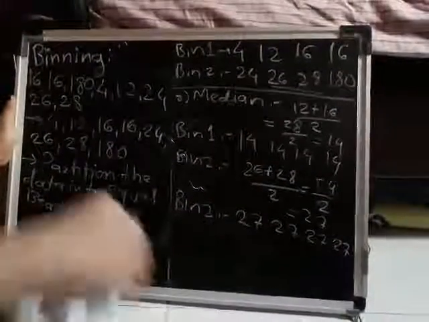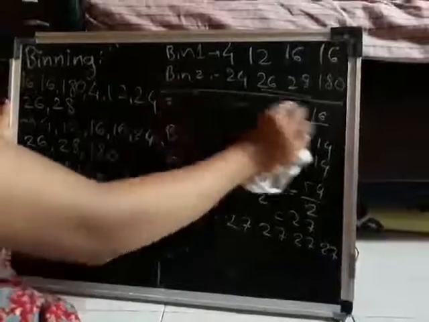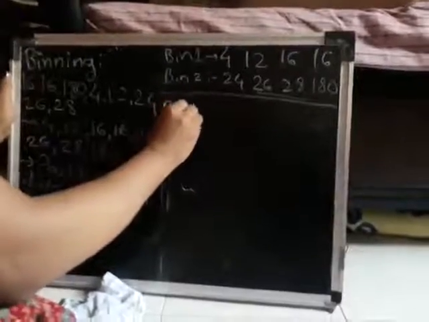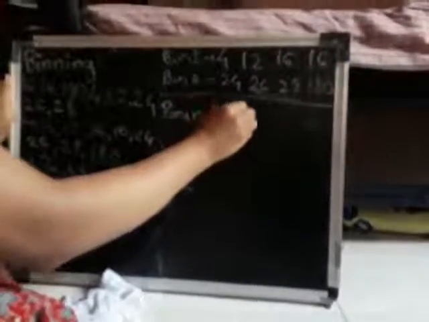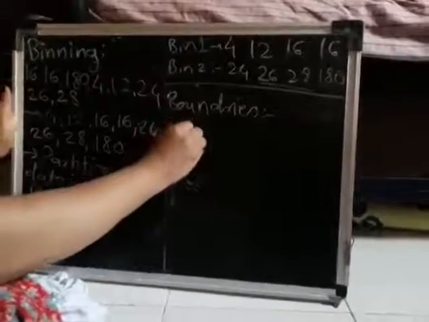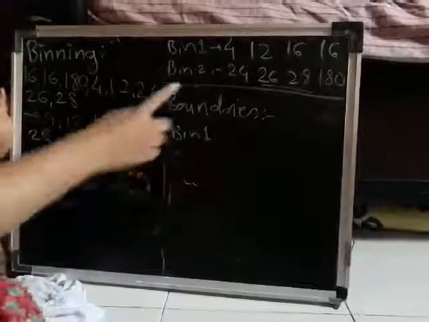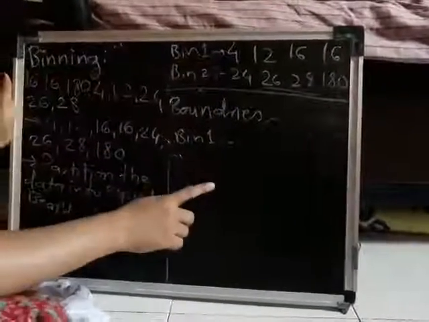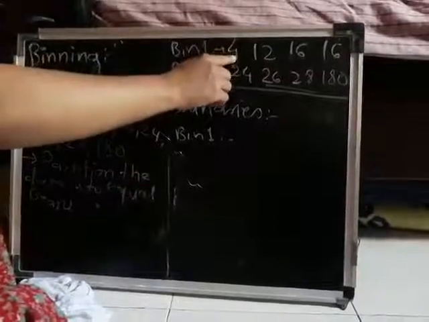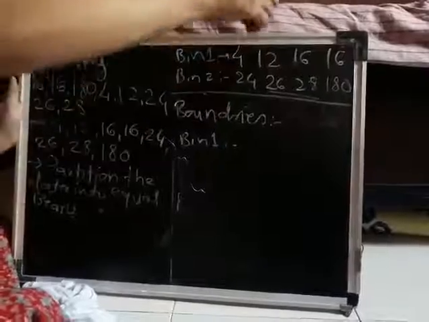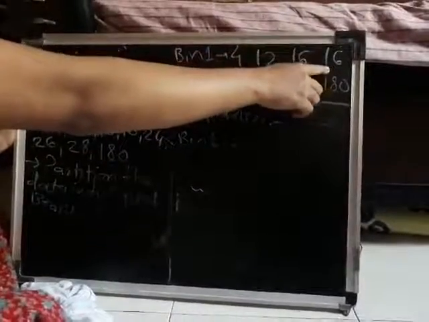So next was boundaries. Smooth by the boundaries. So what will be the bin 1 output? Now see, what are the boundaries first? This is bin 1. The smallest element in the bin is 4, so it is called the lower boundary, and the maximum element is 16, so it is called the upper boundary.